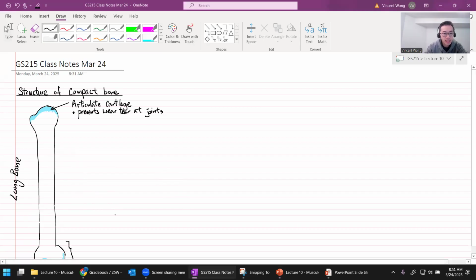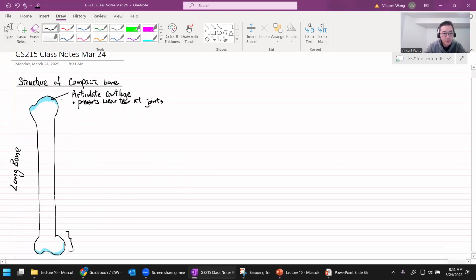The ends of the long bone, we call that the epiphysis. And the middle here is called the diaphysis, the shaft of the bone.